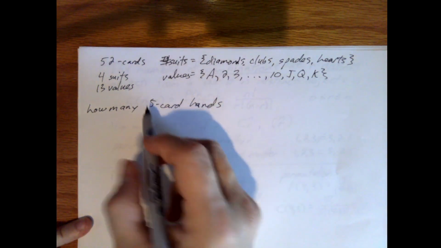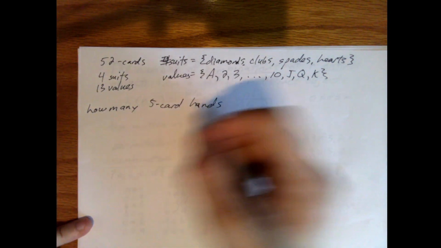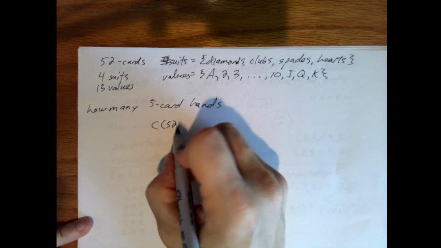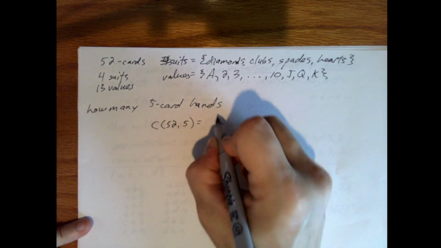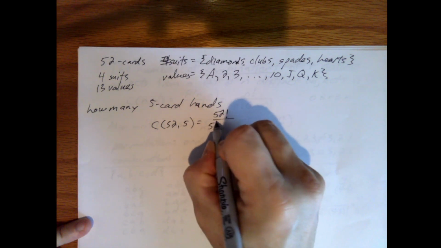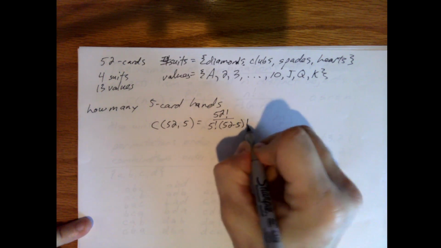So what does this end up being? Well, it's a combination problem because the ordering doesn't matter. And so this is C of 52, 52 cards chosen 5 at a time, which is 52 factorial divided by 5 factorial times 52 minus 5 factorial.